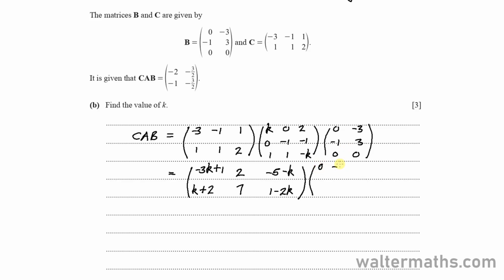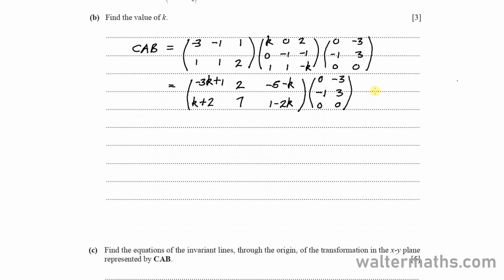Now the third matrix, 0, minus 3, minus 1, 3, 0, 0, like this. So now we continue multiplying. We are multiplying now the top row and the first column. So that's minus 3k plus 1 times 0, that's 0, plus 2 times minus 1, which is minus 2, and plus minus 5 minus k times 0, which is 0. So we are good.